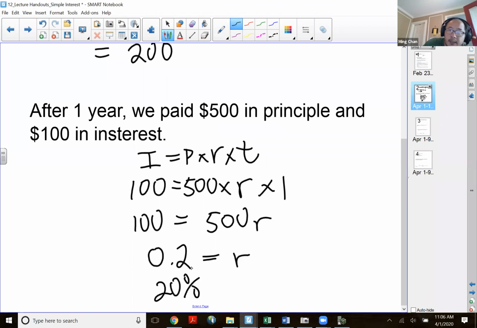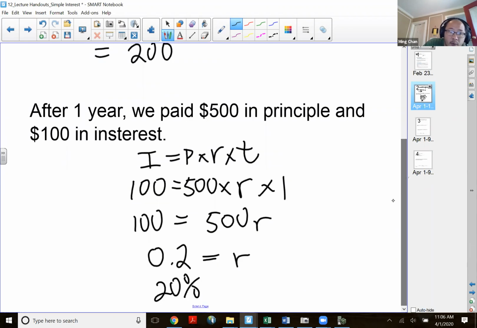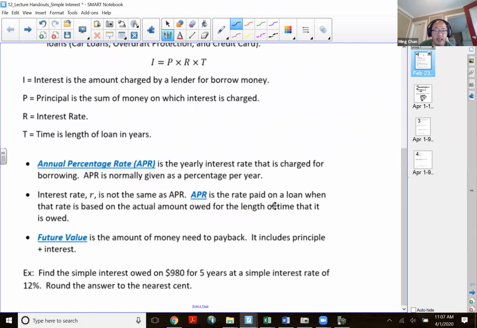It's kind of weird because originally we said that the interest rate was only 10%. So why after 1 year did it become 20%? Well, that's what it means to be the APR. APR is based on the actual amount owed for the length of time that is still owed.